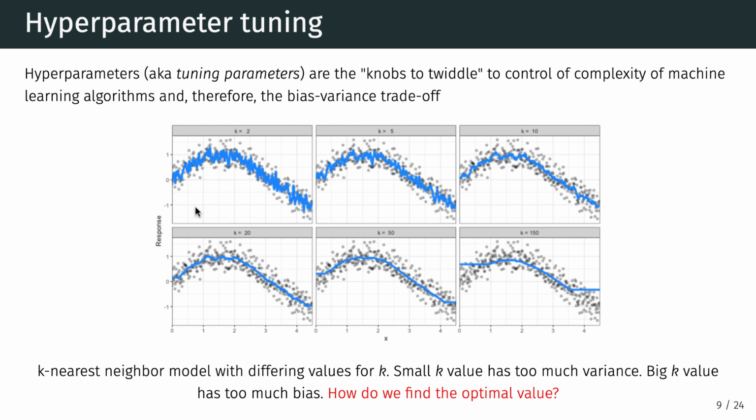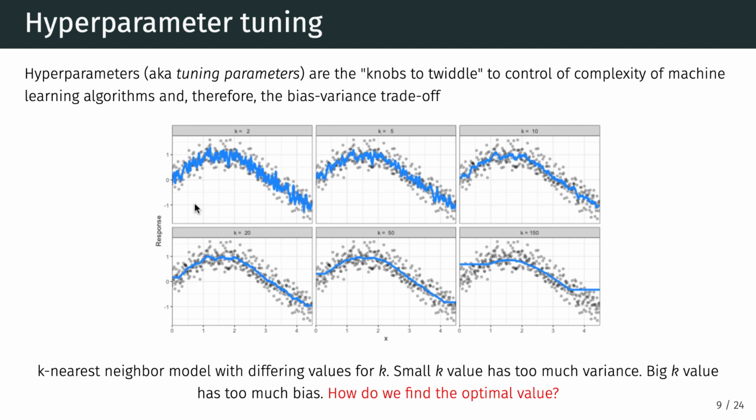Well, if we used a k-nearest neighbor model, k-nearest neighbor models have a single hyperparameter called k, and it determines the predicted value to be based on the k nearest observations in the training data to the one being predicted.